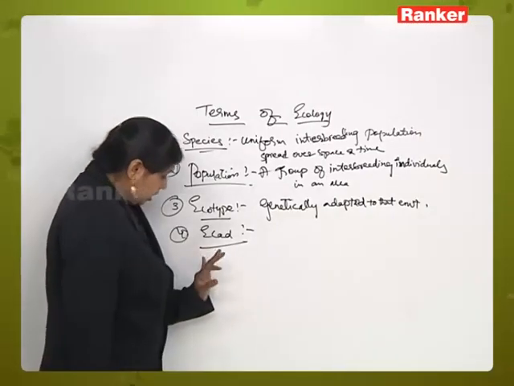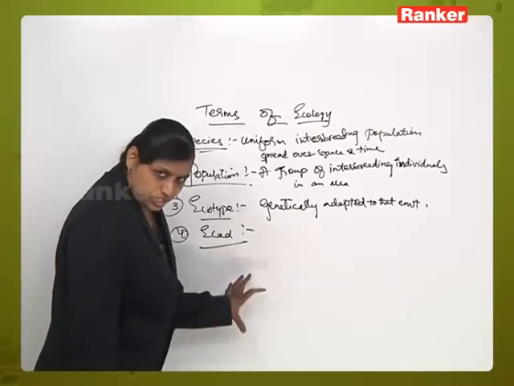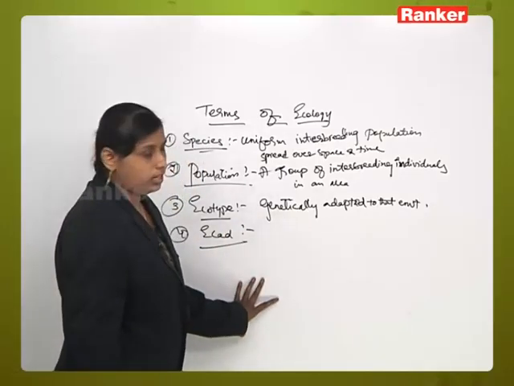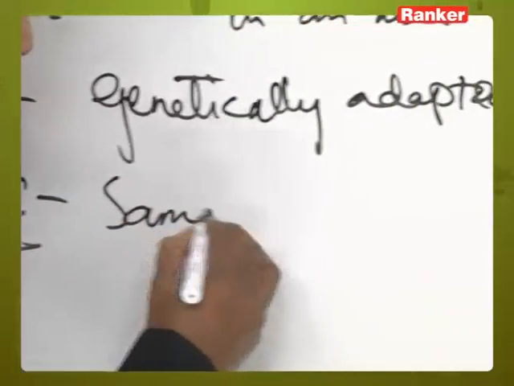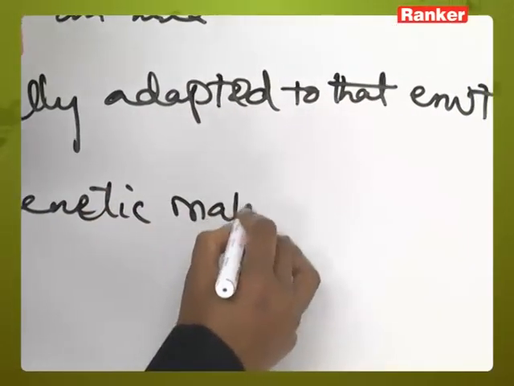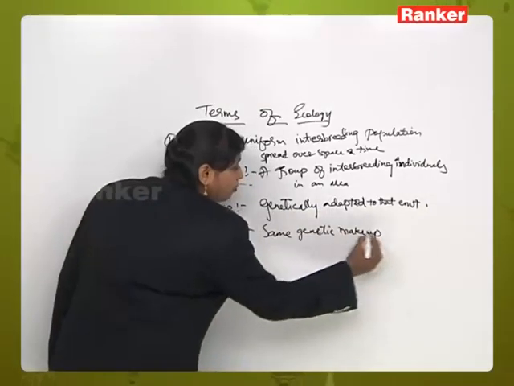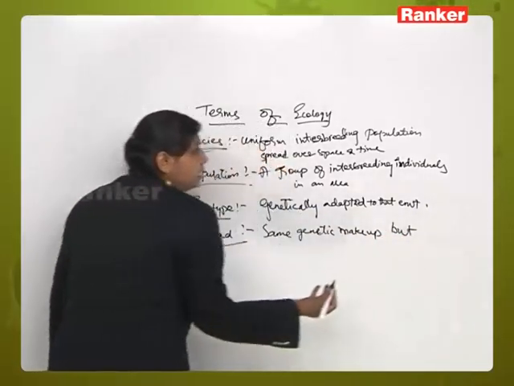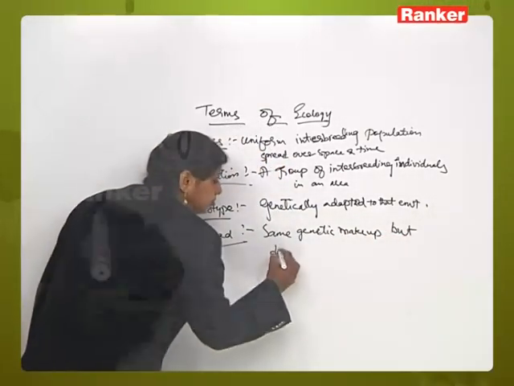Now these are a group of individuals of a species which are adapted to the environment, having the same genetic makeup, but morphologically they have different characters.